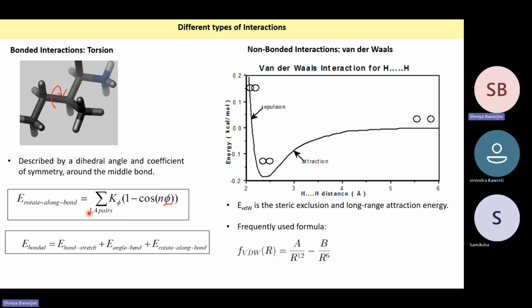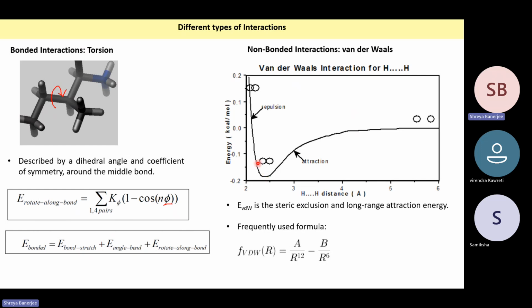If you add the total energy of bond stretching, bond bending, and bond rotation, you will get the energy associated with bonded atoms. Now there can be non-bonded interactions also, like van der Waals interactions. You know the graph associated with van der Waals interactions. Suppose two hydrogen atoms come close together, there is one minimum energy, which is the bond energy.